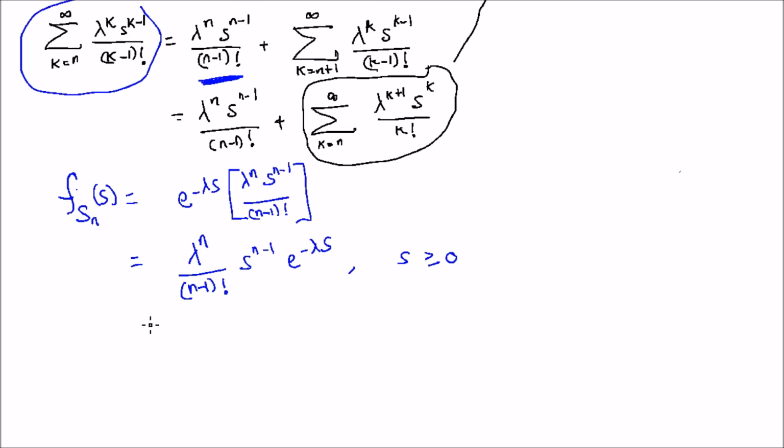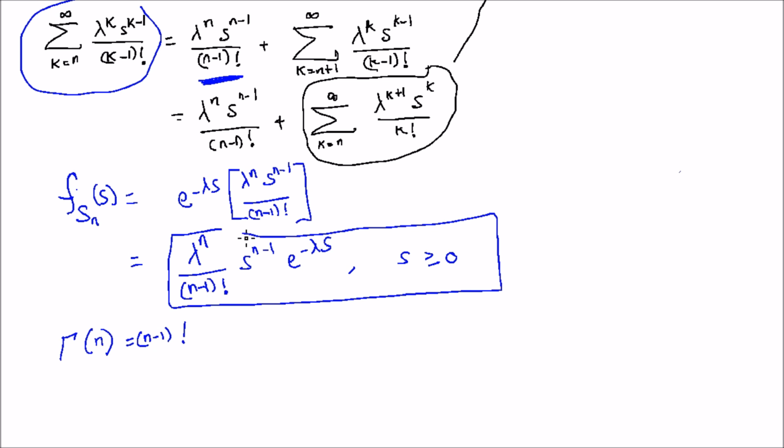In the next lesson, what we're going to do is actually show that gamma of n for integer n is equal to n minus 1 factorial. That's the gamma function, so we will introduce the gamma function in the next lesson. And this PDF that you see here, if I replace the n minus 1 factorial by gamma of n, is the probability density function of the gamma distribution.